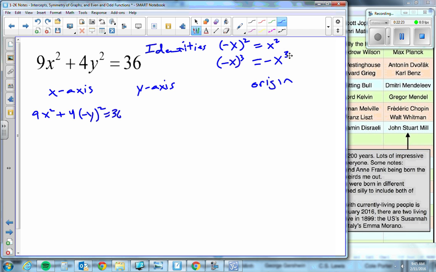Whereas here, you cube the input first and then take the opposite of that. It just turns out they get the same answer every time. But that means you can replace either one of these with what's on the right. So like here, you set it up, and then that gets replaced with just plain old y squared because you can. So like I said, you set it up, you plug in the opposite of y in place of y, you simplify, and if what you get matches what you started with, then you know it has that type of symmetry.